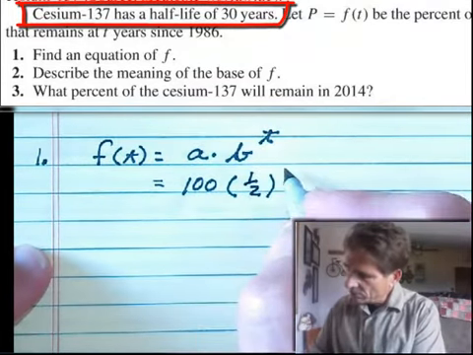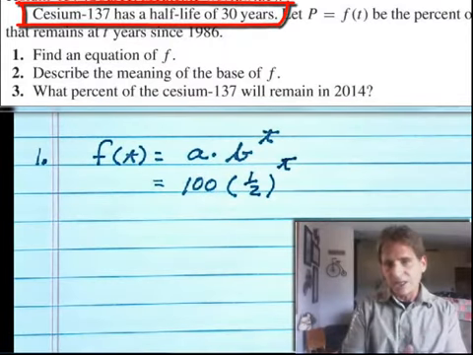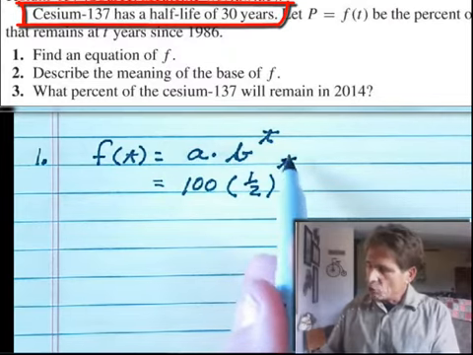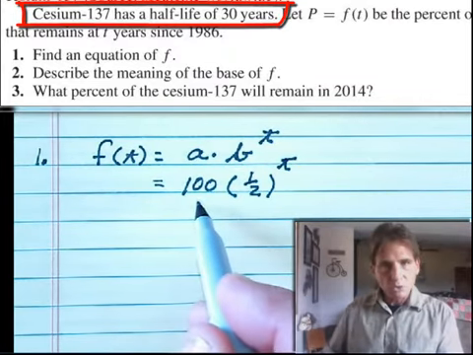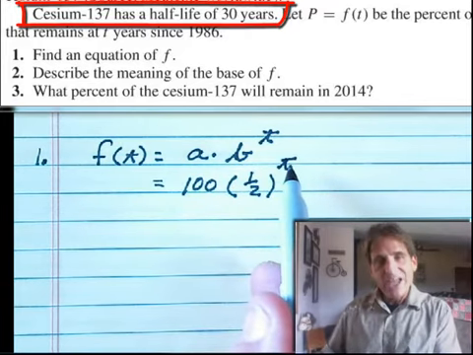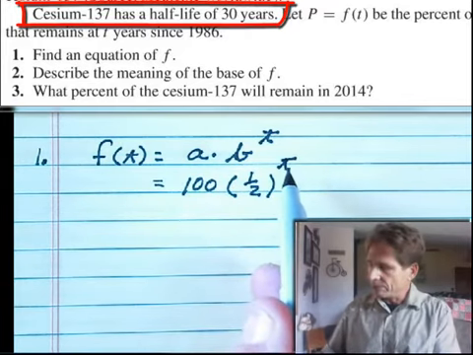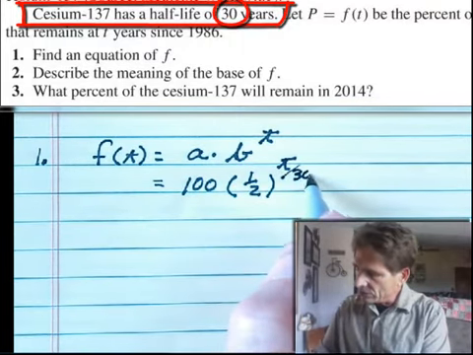However, I cannot just put T here, because if I put a T there, then after year 1, we get half of the 100%, which would give us 50. When I put 30 in, that's supposed to give me 50. So what I will have to do is divide this by 30.